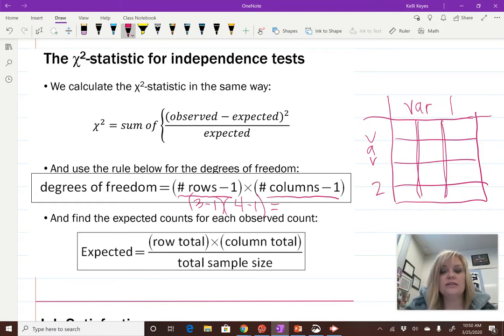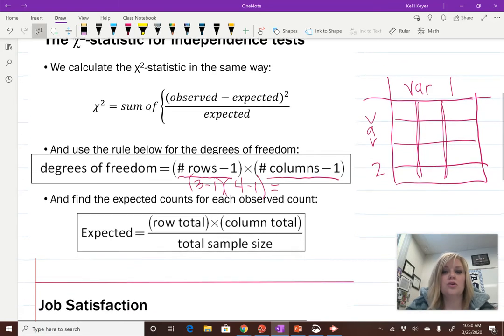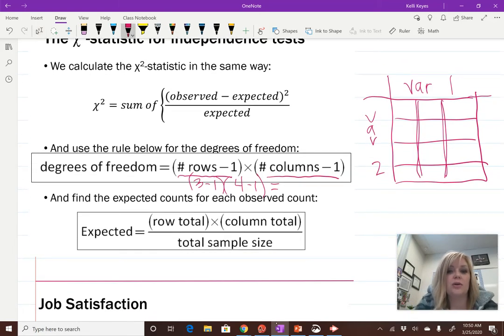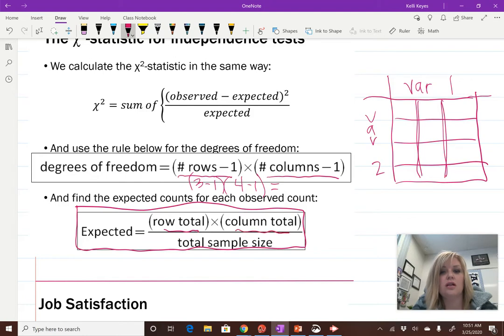And then if you want to find the expected counts, you can do it using this formula, which will be on your formula sheet for the final. So you don't have to memorize this, just know how to use it. The expected counts is the total of the row times the total of the column divided by the total sample size.